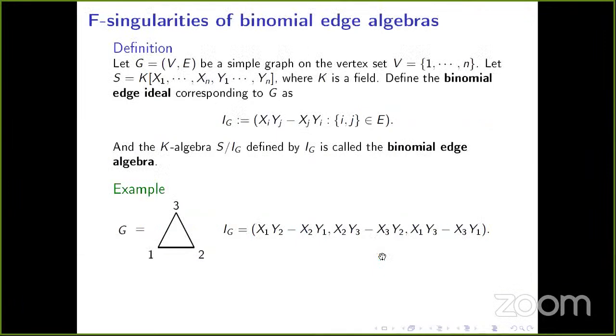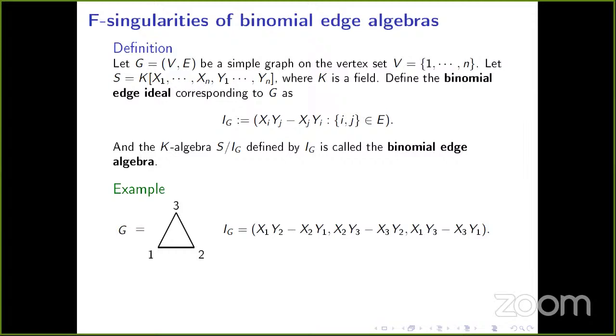The first is singularities of binomial edge algebras. What is called a binomial edge ideal is this: let G be a simple graph on vertices 1 to n, and let E be the edge set.